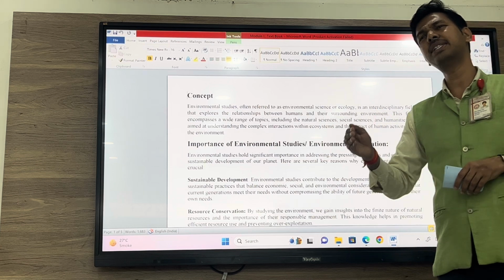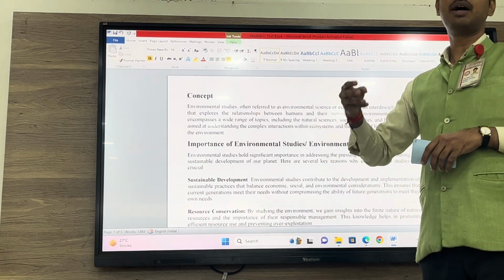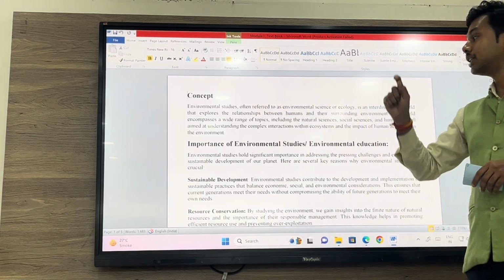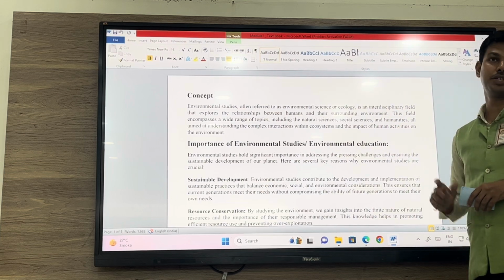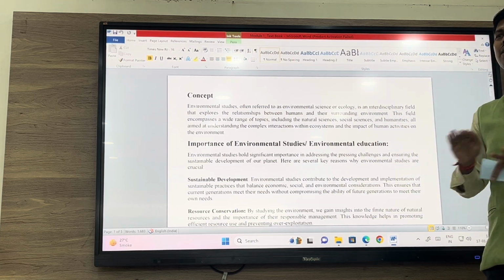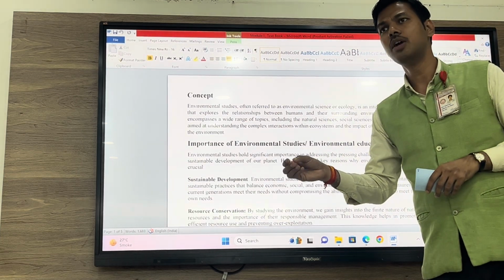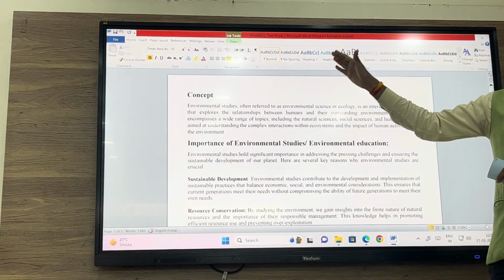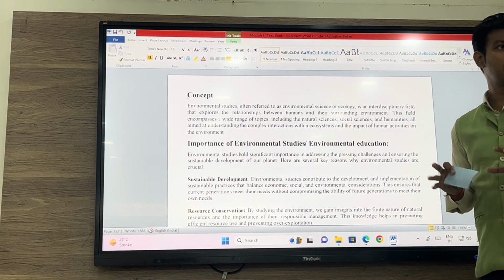It is also known as environmental science, environmental studies, and yes, it is also known as ecology. What is ecology? It is nothing but a different name which is given for environmental studies. Is it clear so far?